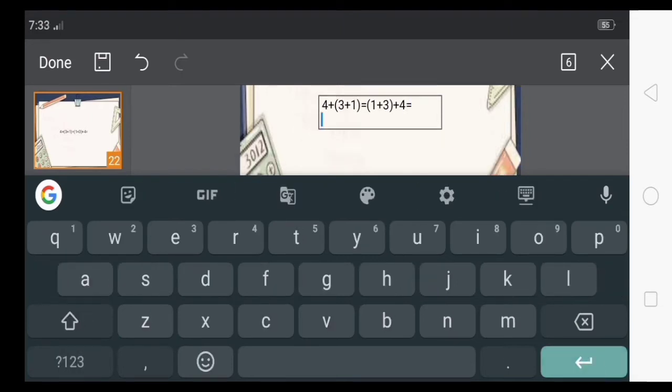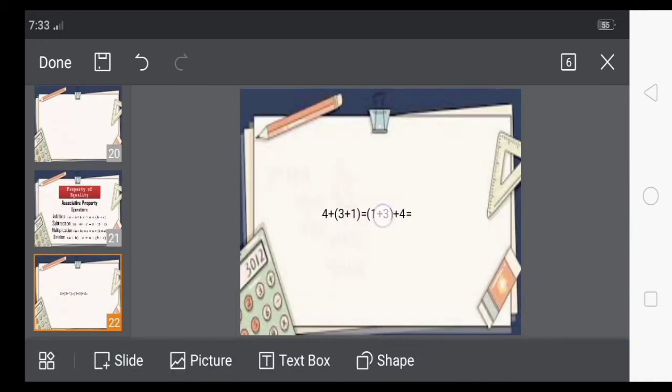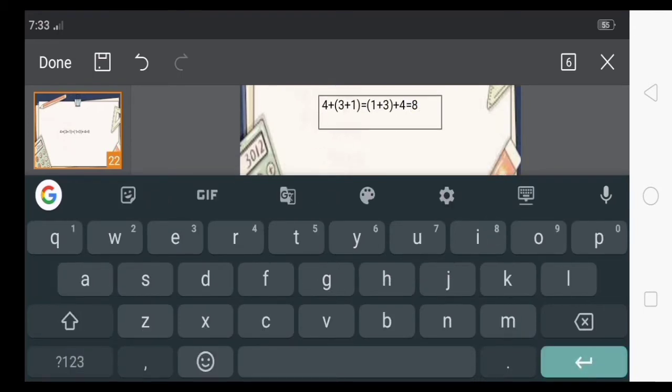It's also the same in multiplication, like this one. I'm sorry for what I mentioned earlier. The result of this equation is 8. It is also the same here, the result of grouping numbers.